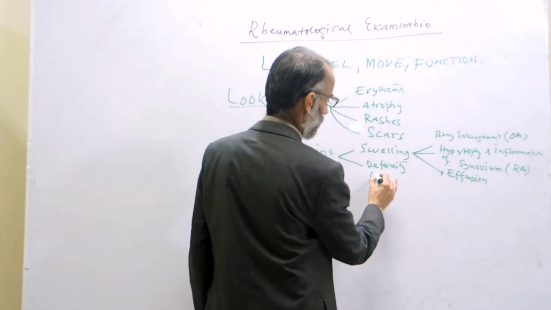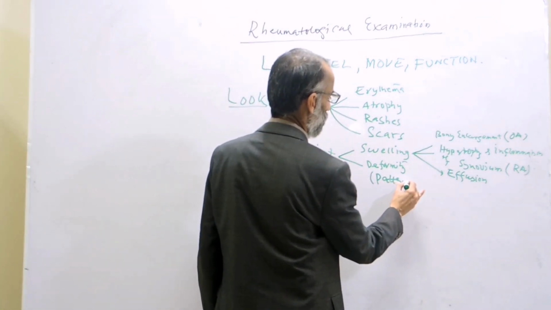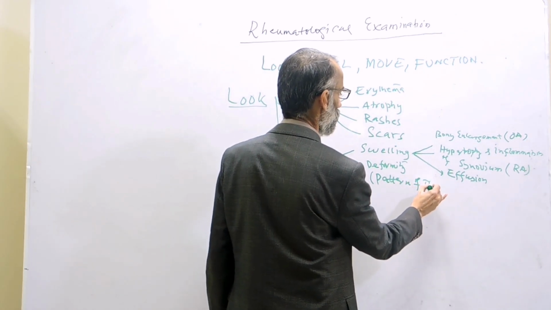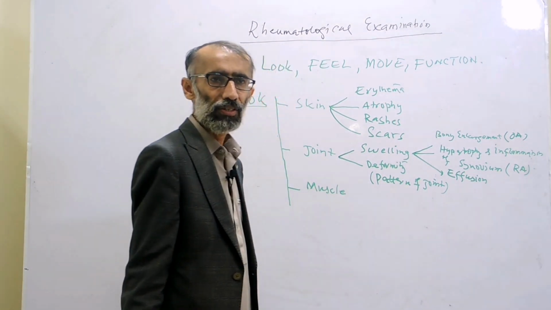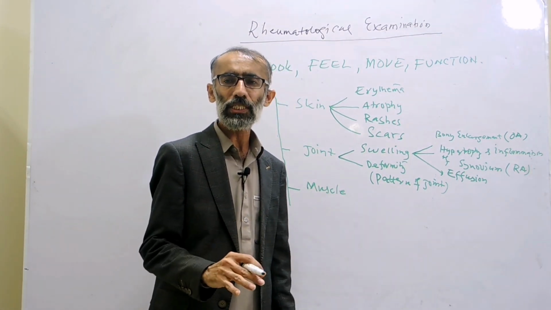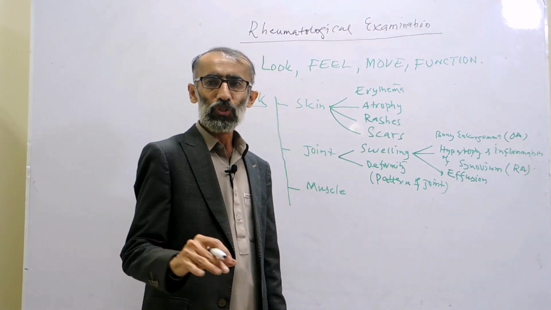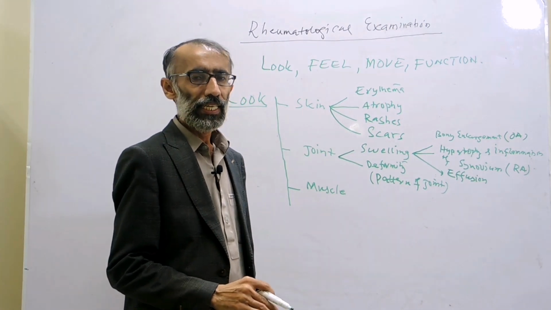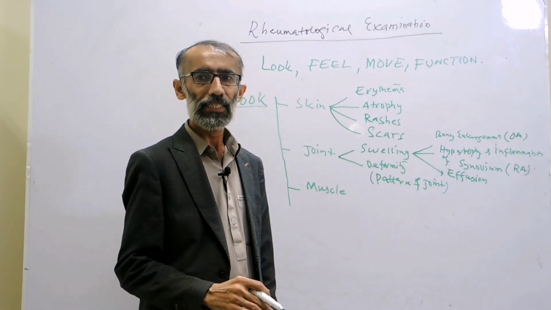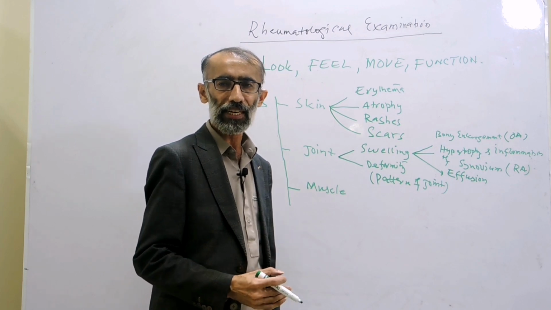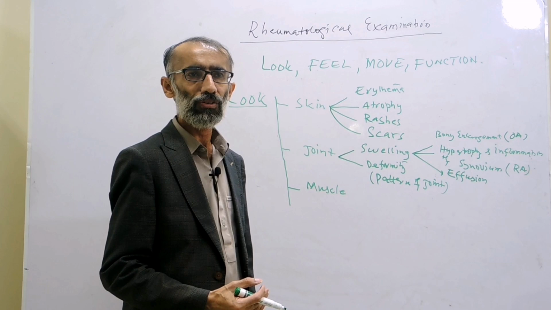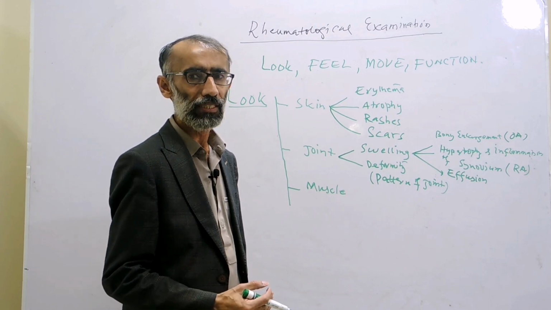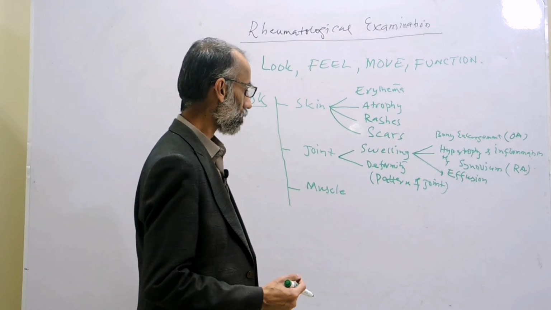Then you assess the pattern of joint involvement, whether the distribution of joint involvement is symmetrical, as in rheumatoid arthritis, or asymmetrical, as in psoriatic arthropathy and gout.